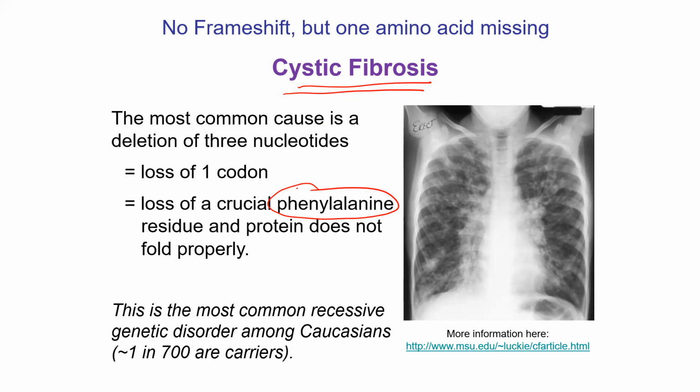And so they have a much thicker mucus in their lungs than a normal person. And this can lead to very severe infections. And so unfortunately, people with cystic fibrosis, their average lifespan is 30, 35, because often they will die from a respiratory infection that can't be cleared. So it's unfortunate there, but maybe someday we'll have some better treatment for it.